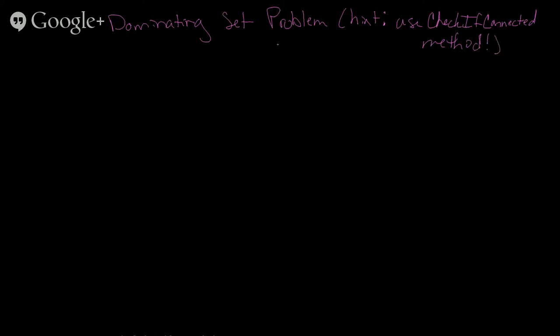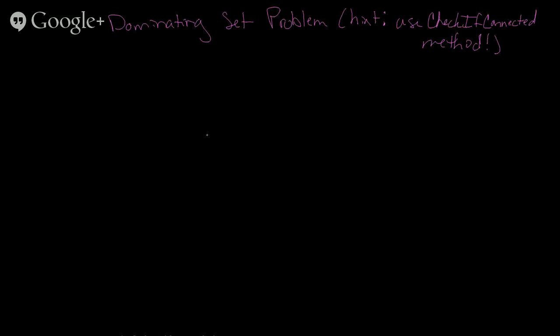That will help you for this problem. And I gave you that method earlier, or that algorithm earlier. And so you can just put that in your homework and say, here, I used it, and this is what I'm doing when I say check if connected. So anyway, your dominating set is where you are given a graph.